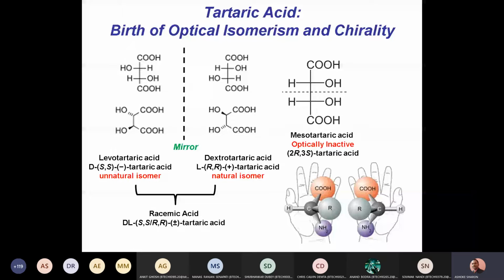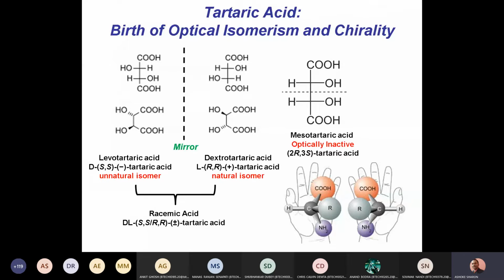I can say the birth of optical isomerism and chirality is actually explained by tartaric acids. I will come back to tartaric acid later on, because it has 4 carbons and 2 chiral centers.